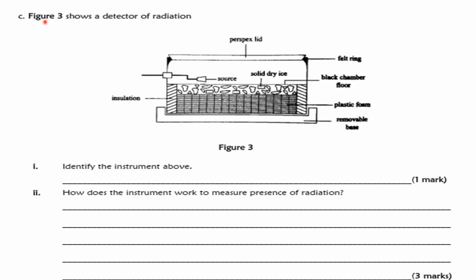But see, figure 3 shows a detector of radiation. In this case, we are talking about nuclear radiation. There are different ways of detecting nuclear radiation. How can you tell there's radiation or background radiation?